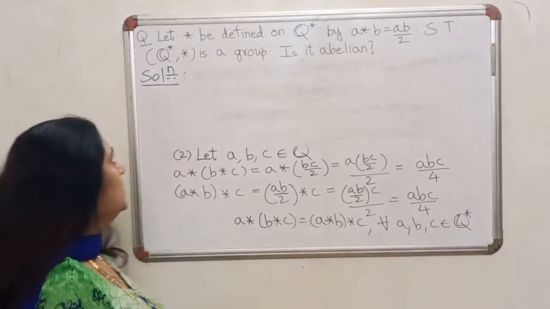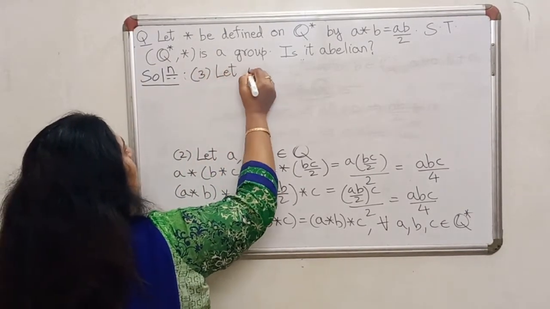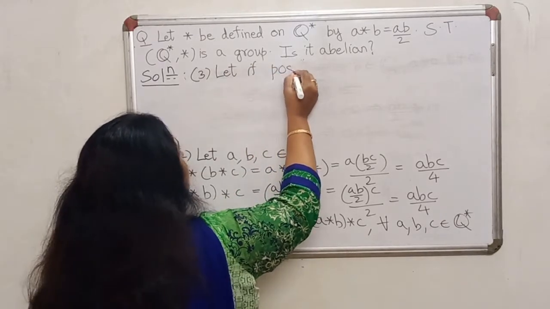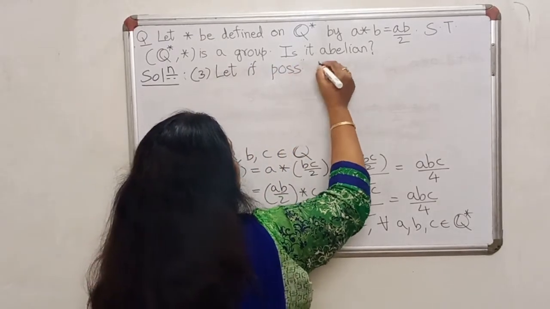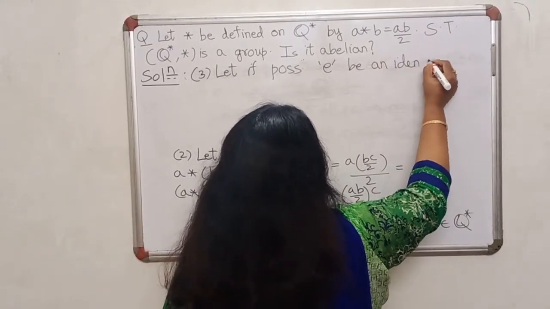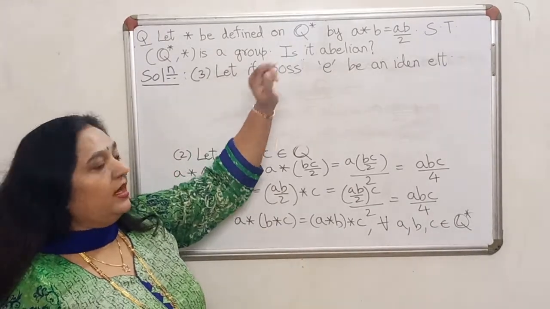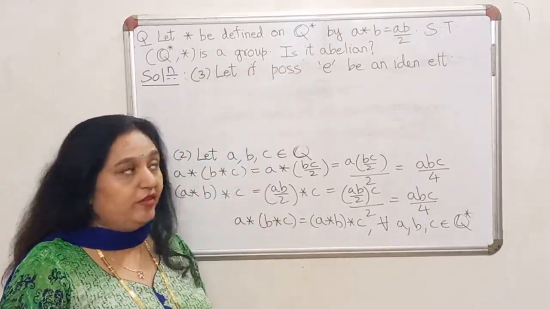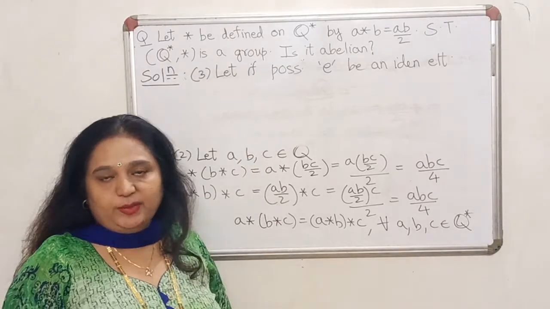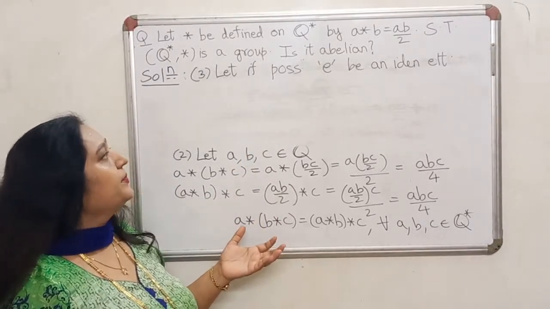So what we can do is, let us assume that some element, let if possible, E be an identity element in the given set with respect to the given operation. I am saying if possible because right now I do not know if such an element exists.